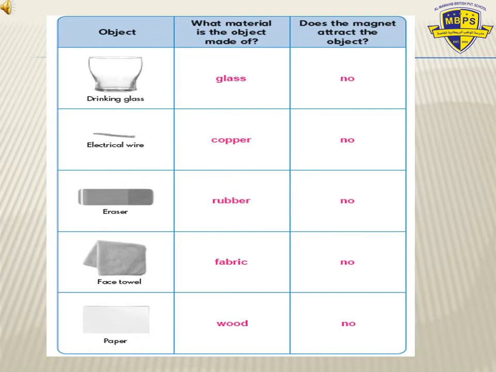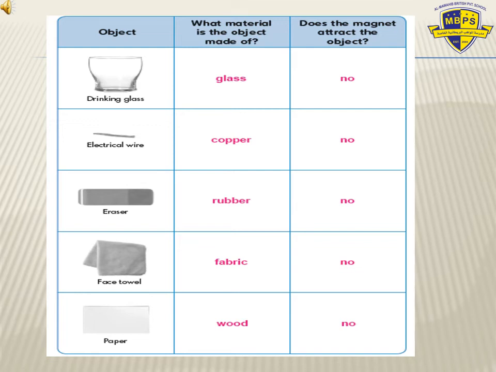And we discussed before that it will not attract to the magnet. Eraser. The eraser is made of rubber. But do you think it's attracted? Again, no, it will not attract.